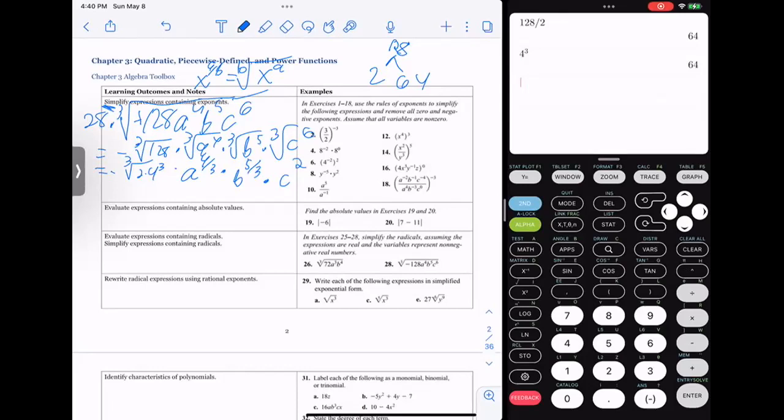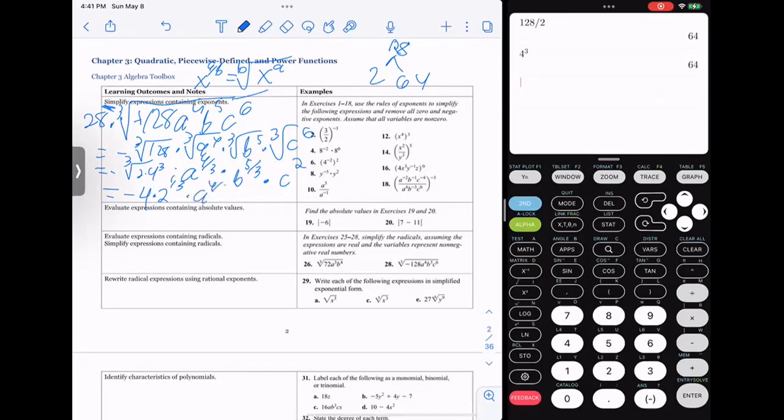I can factor out that 4 to the 3rd inside the cube root radical, and that makes the exponent go away. I can then rewrite that as 4 times the cube, or rather 2 to the 1/3 power. Okay.